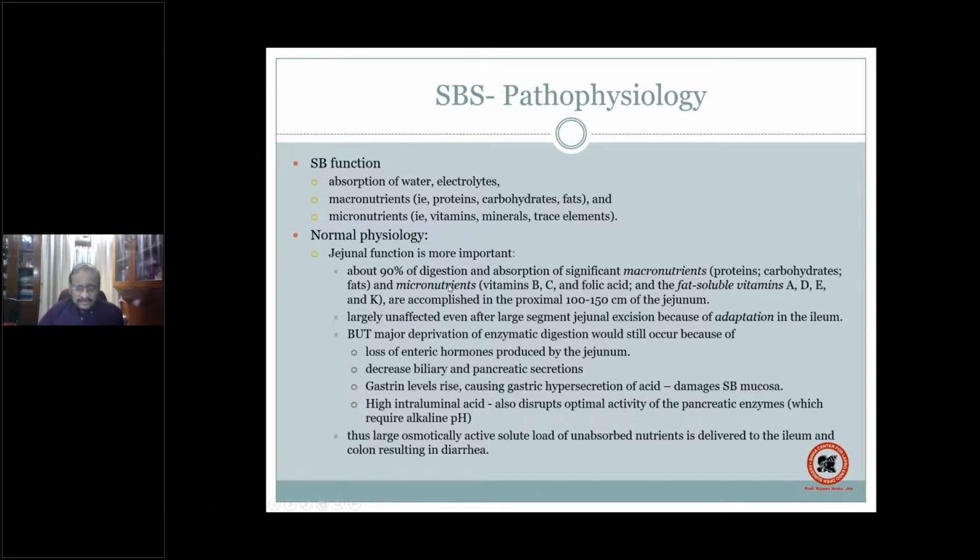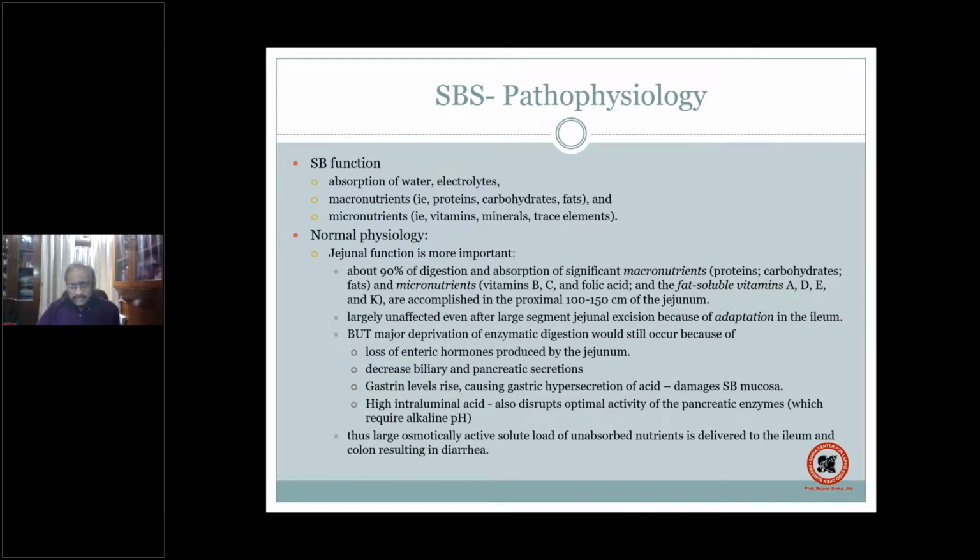Even the fat-soluble vitamins are absorbed in the proximal 100 to 150 centimeters of jejunum, which tells you that the first 100 to 150 centimeters of jejunum is the most important part of your GI as far as maintaining your whole sustenance is concerned. Why? Because 90% of the absorption is occurring in this 100 to 150 centimeters of jejunum.